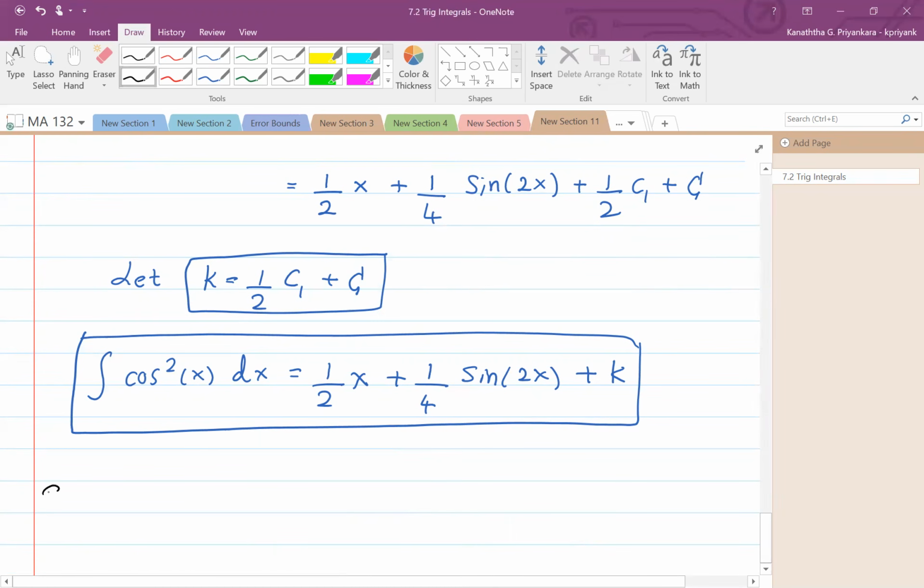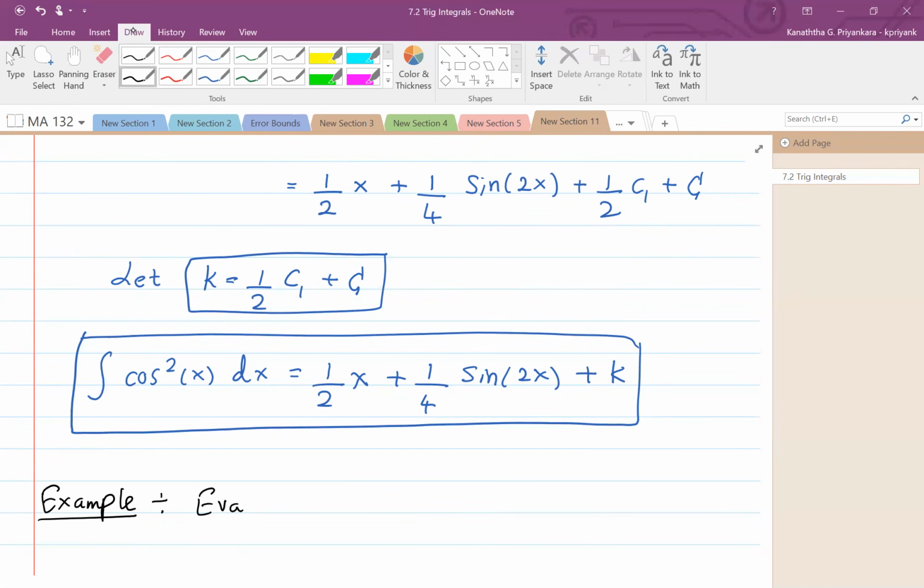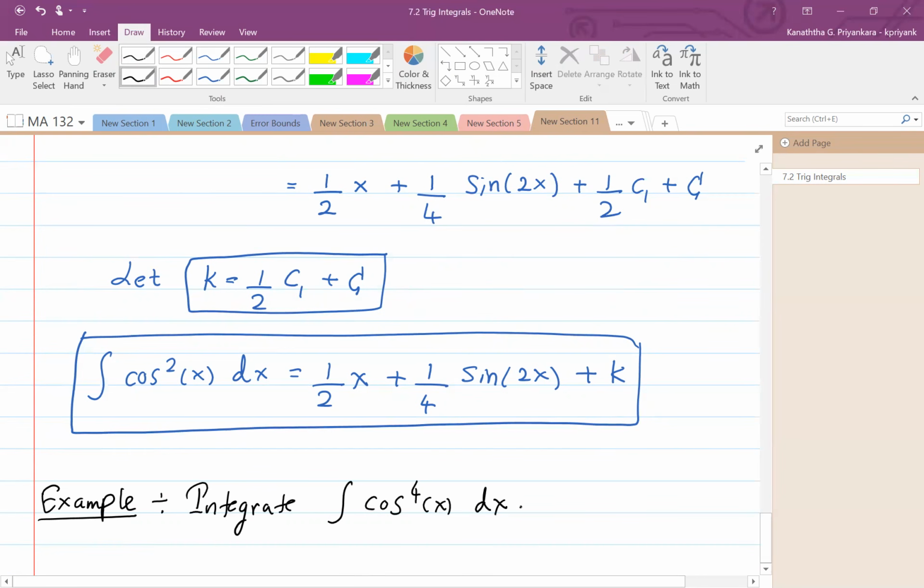So, example: evaluate the integral of cosine to the power 4 x dx.